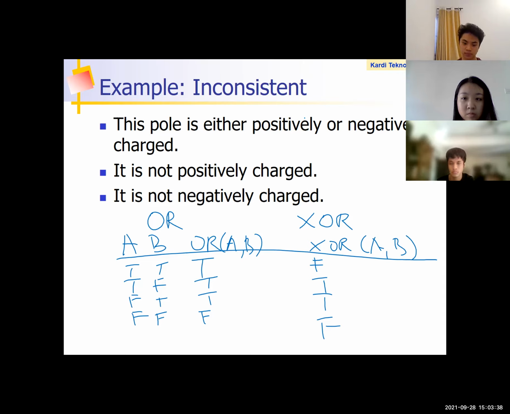That's the meaning of or. When we said exclusive or, it can be either A or B, but not both. So in this example, the pole is either positively charged or negatively charged, but cannot be both. Right?